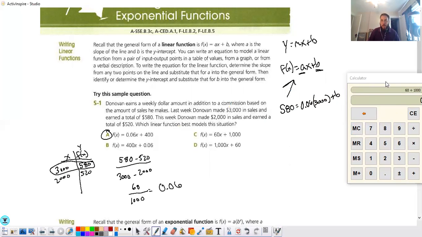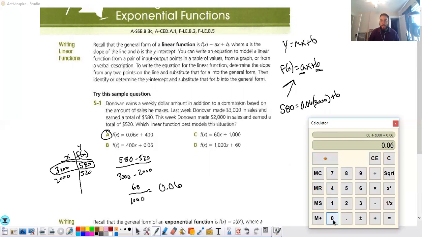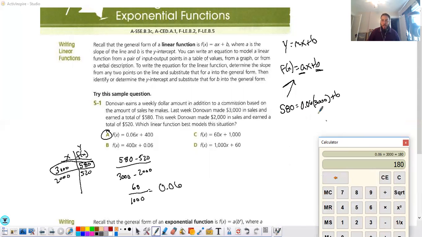So now if we go through here, and I simplify this, 0.06 times 3,000 is equal to 180. So this will simplify here to 580 equals 180 plus b.